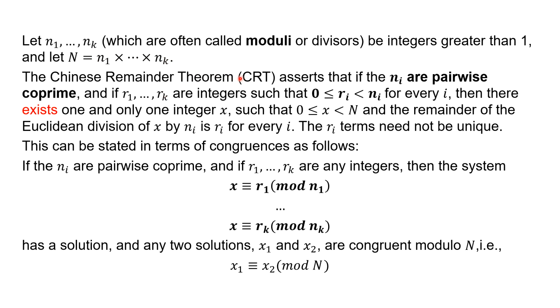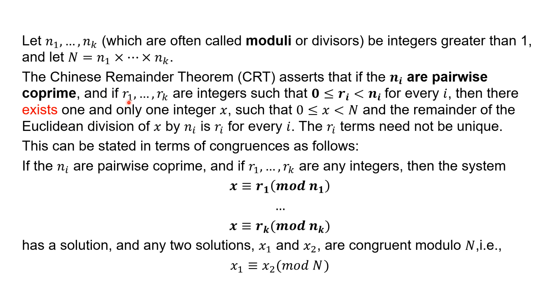Then the Chinese remainder theorem asserts that if the n sub i, these integers here, are pairwise co-prime or relatively prime, two different words for the same thing, that just means if you pick any two of them, they don't have any common factors other than 1.